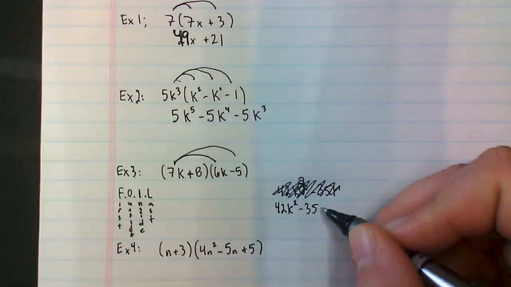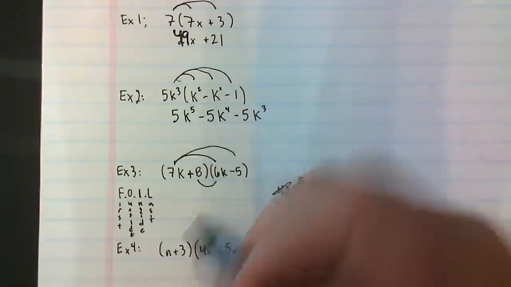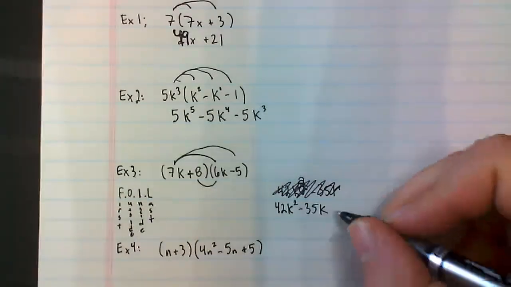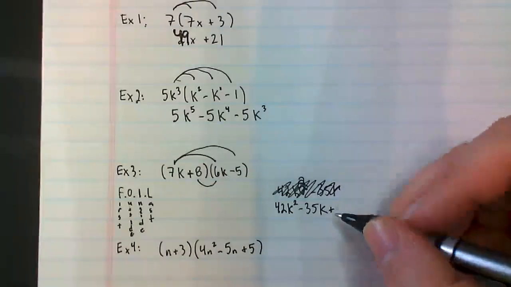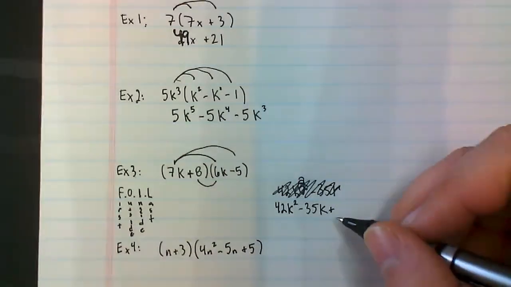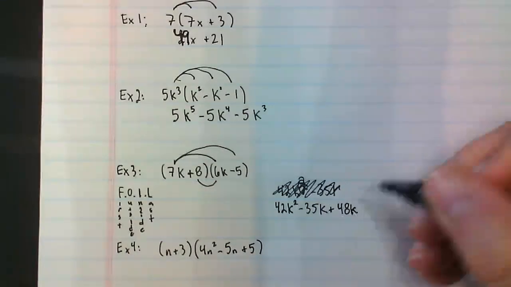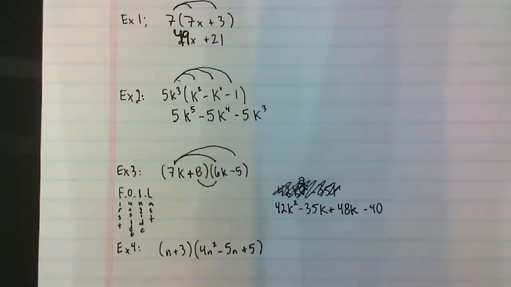Now we're not done here because we need to combine like terms. So your final answer is going to be 42k squared. And 48 take away 35 is 13. So that's 13k for the middle minus 40. So this answer, yay, we did it.